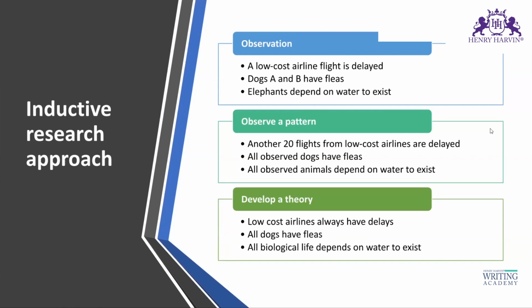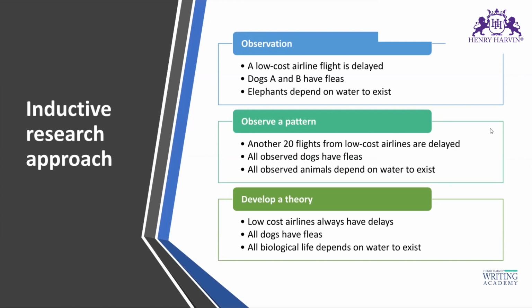That's what you are trying to find out here. And the second observation, the pattern that you found was that all the observed dogs, whatever data you had, all had fleas. And the third observation, the pattern that I found was that all observed animals depend on water to exist.